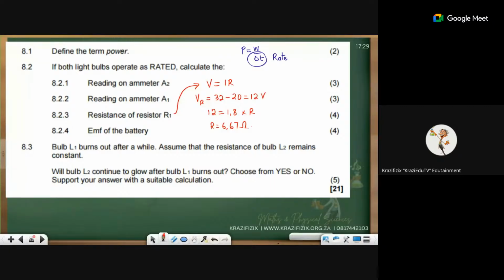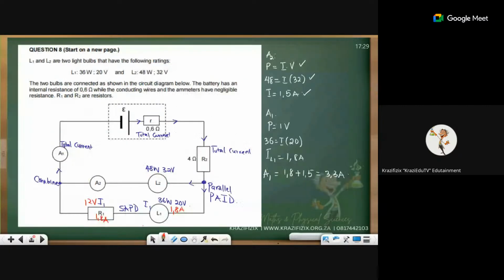I explained that because these things are parallel, the total voltage here is 32 volts, and the total voltage here is 32 volts. But I know this as 20, so this must be 12 to make up the 32. Series are potential dividers. Once you keep that acronym, subtract, add, play around with your stuff, you're going to be okay.